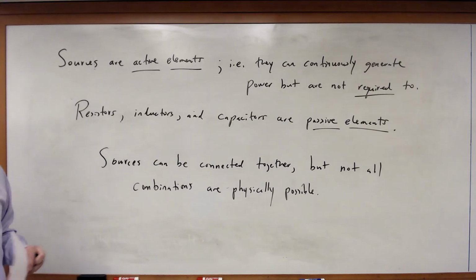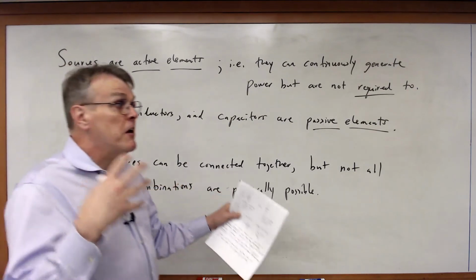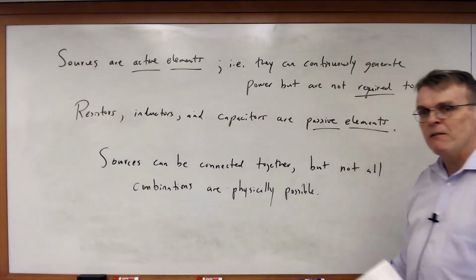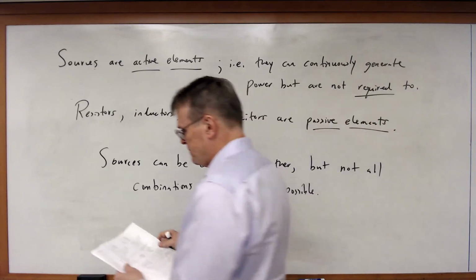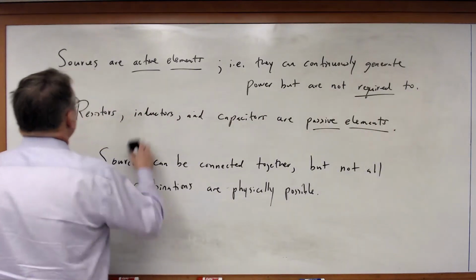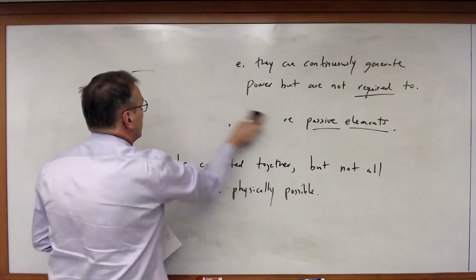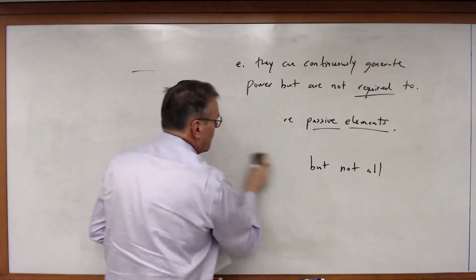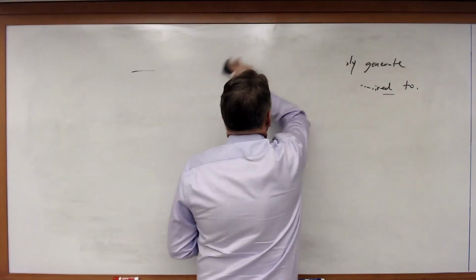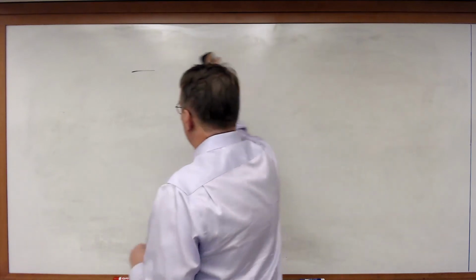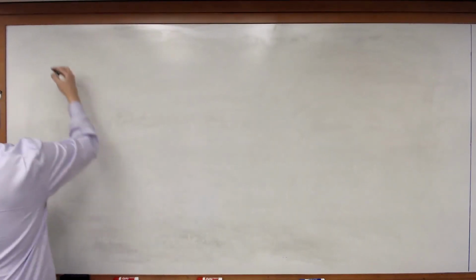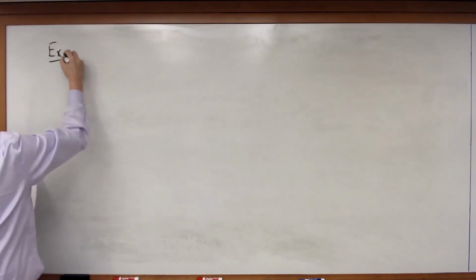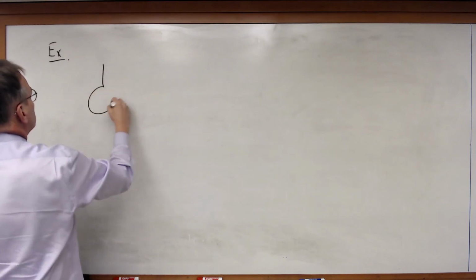Let's work some examples to see how this works. Let's look at some very simple circuits composed of a couple of elements. So for example, let's take two sources.